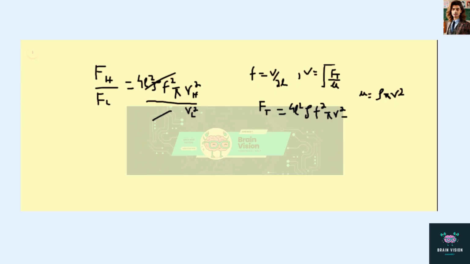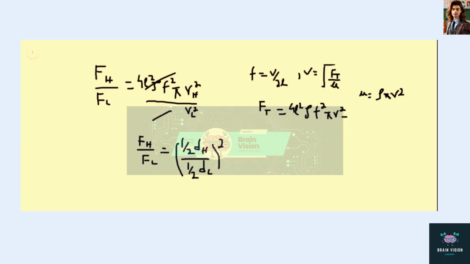We can write R_H in terms of the diameters, which are given in the problem. So our F_H over F_L will become one half of the diameter of the string D_H over one half of the diameter of the low tension string D_L, squared. D_H is given in the problem, D_L is given in the problem.